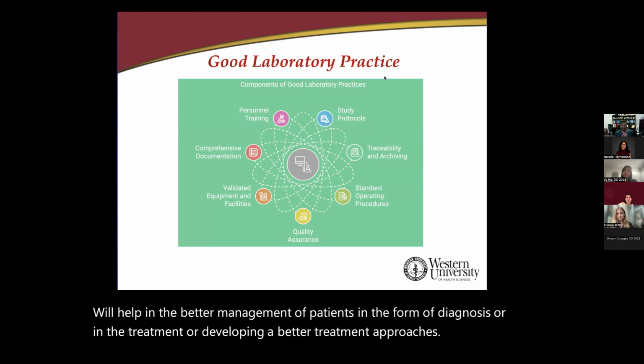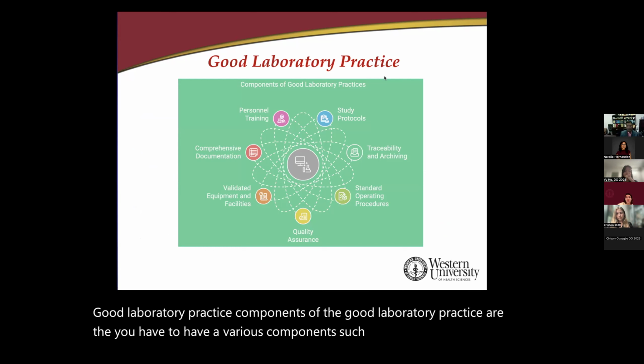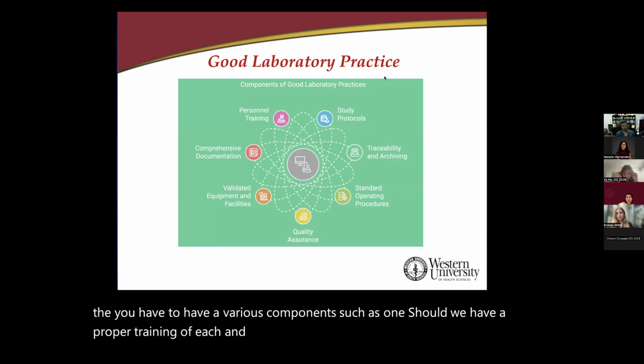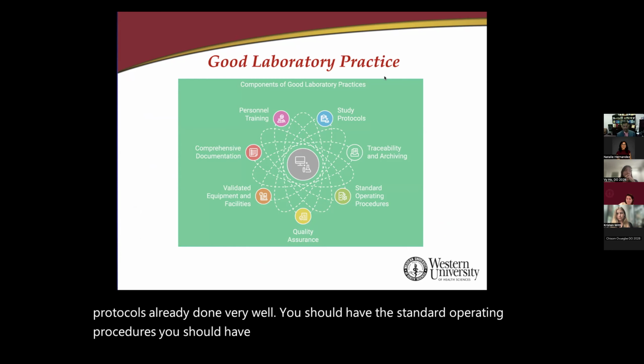Good laboratory practice. You have various components, such as one should have proper training for each and every experiment you do. One should have study protocols already done very well. You should have the standard operating procedures. You should have some quality assurances in there.